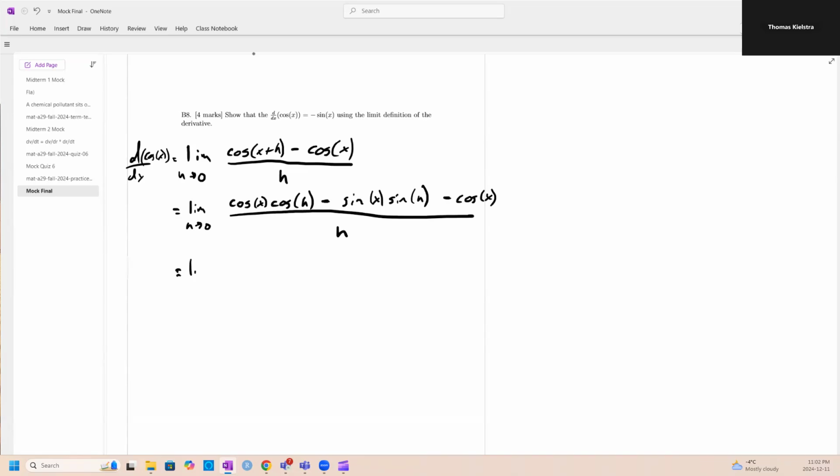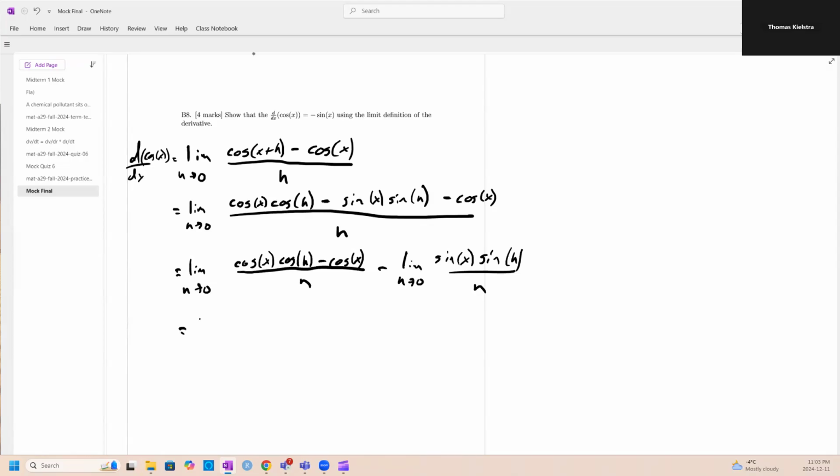I'm going to collect like terms on the top. So the limit as h approaches 0 of cos x cos h minus cos x all over h, plus or minus the limit as h approaches 0 of sine x sine h over h.